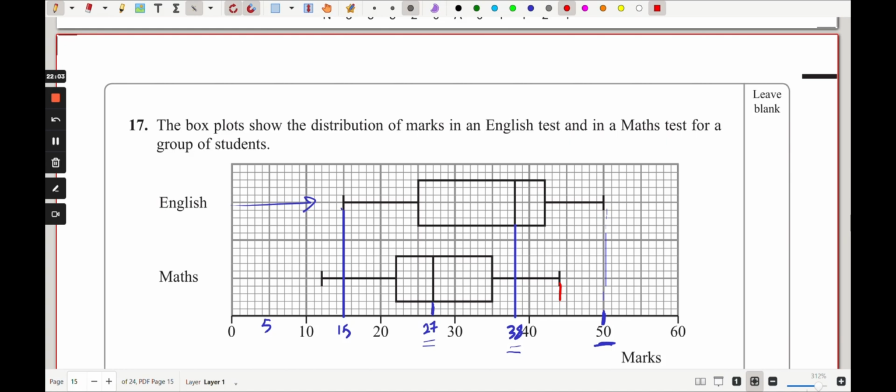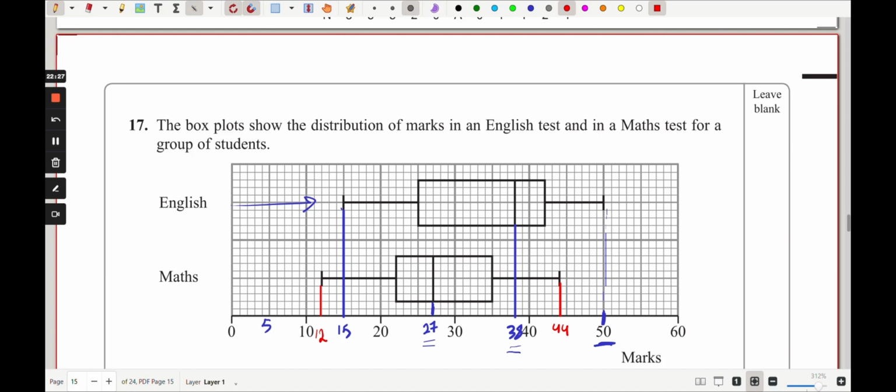Here we have 12, and here we'll have 44, and 44 minus 12, finding the range, you will find it 32.